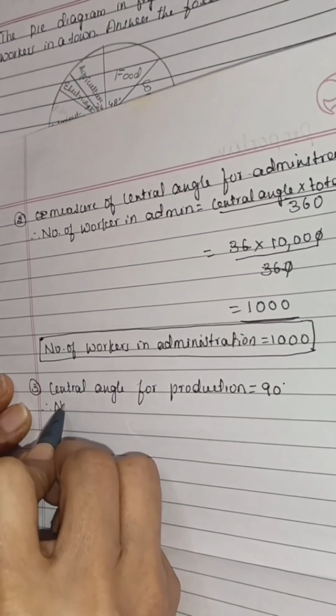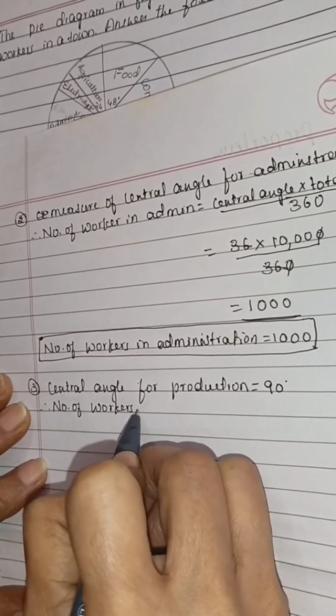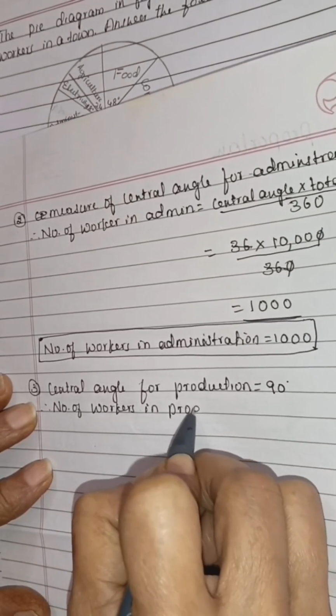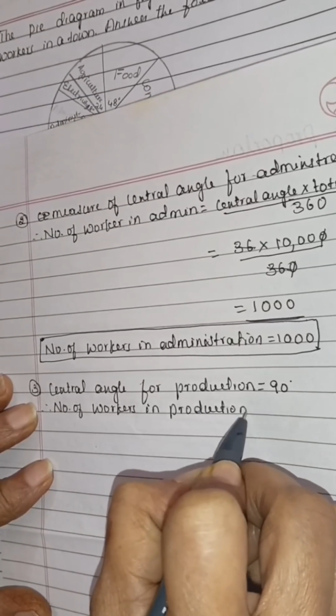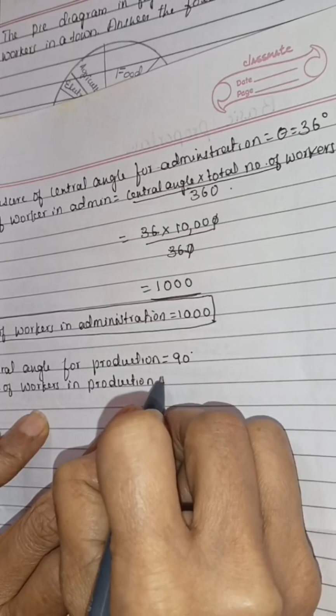Therefore, we have to find out the number of workers in the production industry.